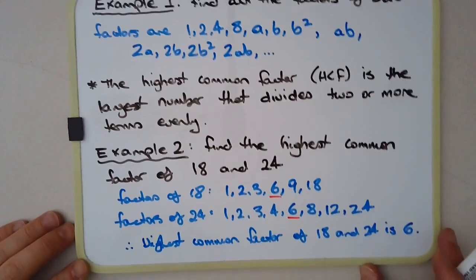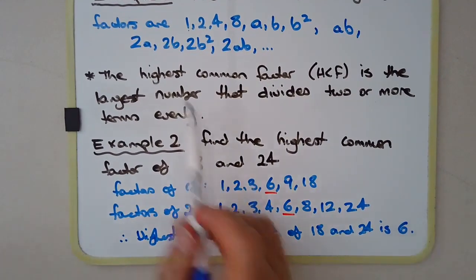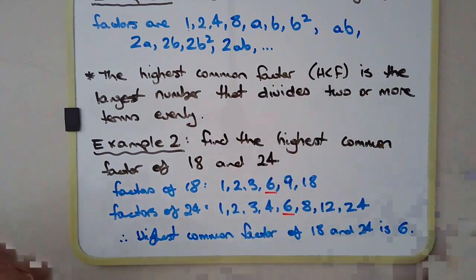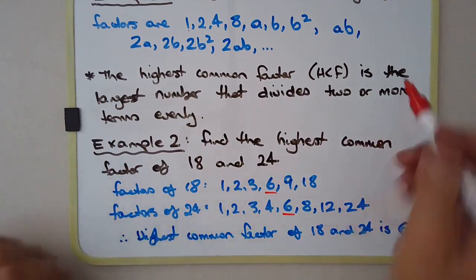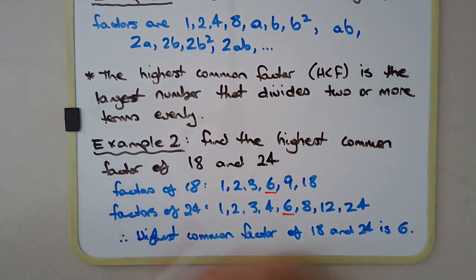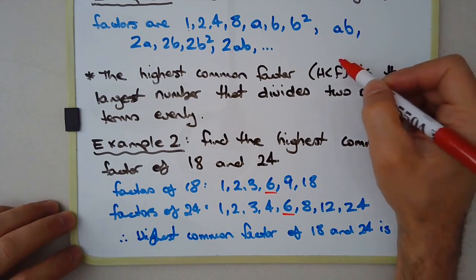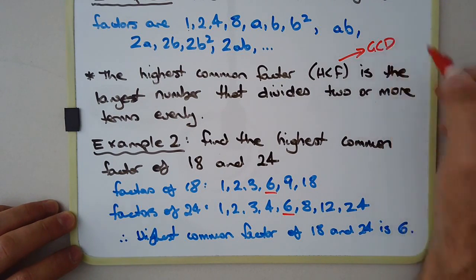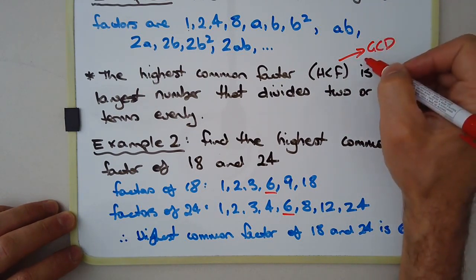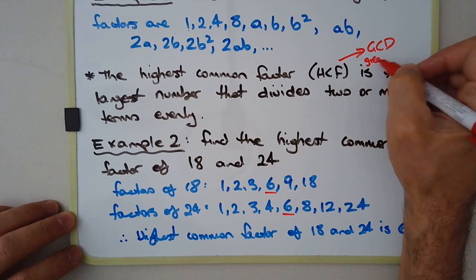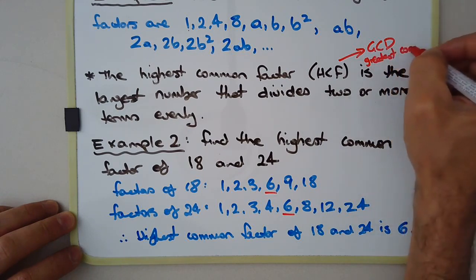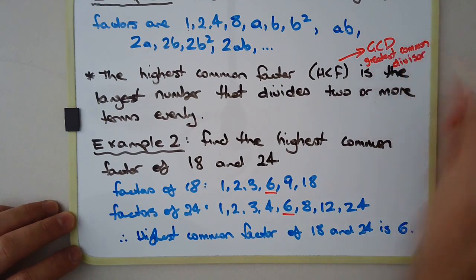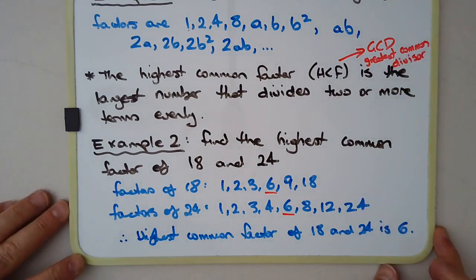Now let's move on to what we term the highest common factor, the HCF. The HCF is also known as the GCD, which is the greatest common divisor. Greatest common divisor means the same thing.